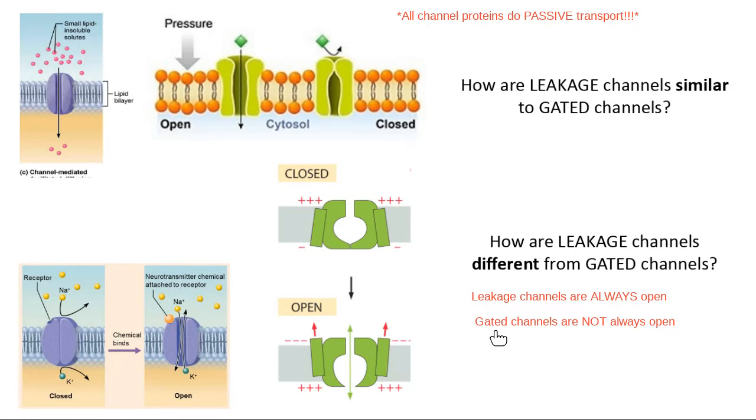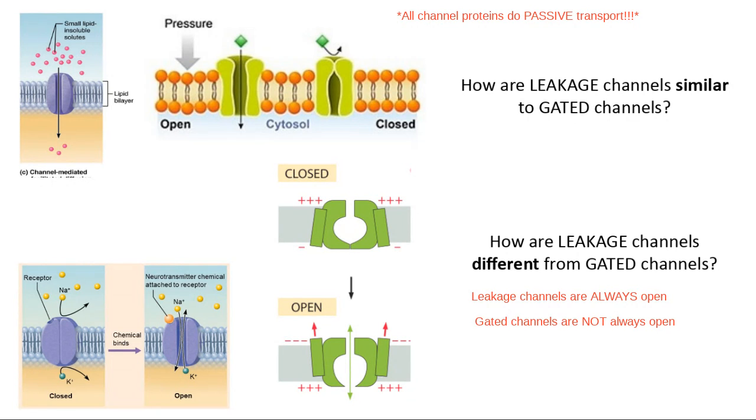But when that gate is closed, which is most of the time, stuff isn't going to move. So when we talk about gated channels, remember that there are 3 kinds of gated channels. What are the different types of gated channels? Do we remember? We've actually talked about 2 types of gates already today.